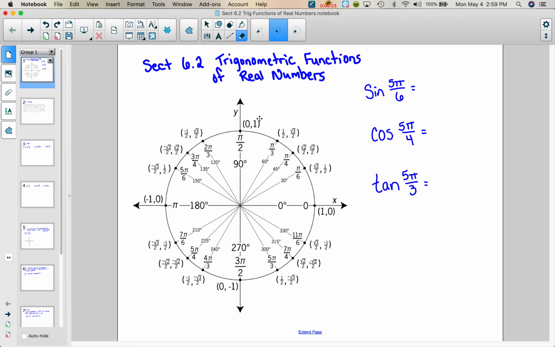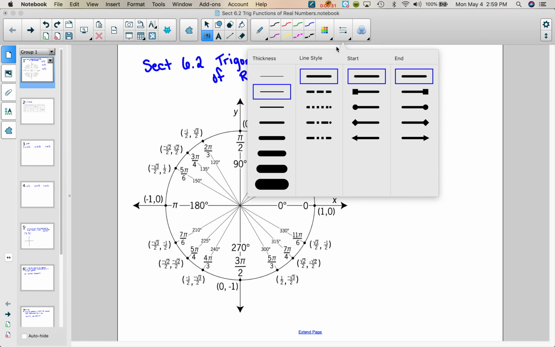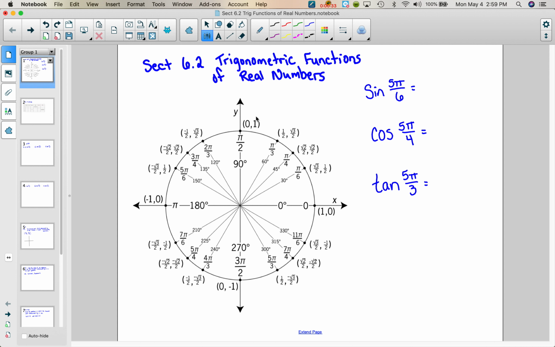First of all, just as a little review from that video, and I did have you watch that video because I wanted you to have a chance to see how the unit circle is built, because that really is important and we didn't have a chance to do that. But these ordered pairs, the first coordinate represents the cosine of the angle and the second coordinate represents the sine of the angle.